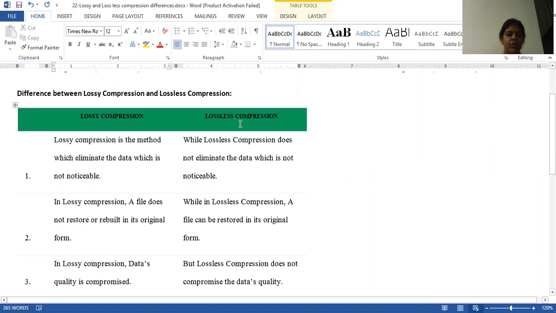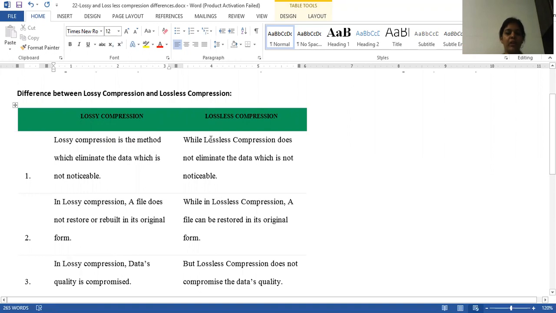So what do you mean by lossy compression here? The first difference is that lossy compression is a method which eliminates the data which is non-noticeable. Not noticeable. So it works on the elimination of data. Therefore you call it lossy compression because it loses some data. And what do you mean by lossless compression?